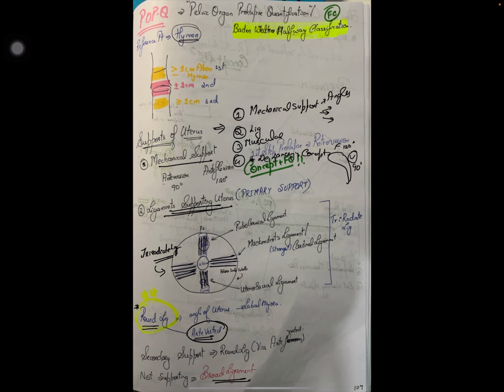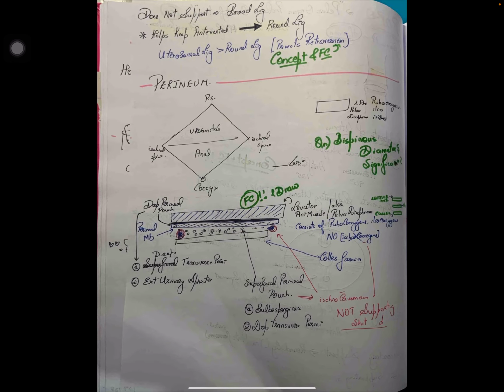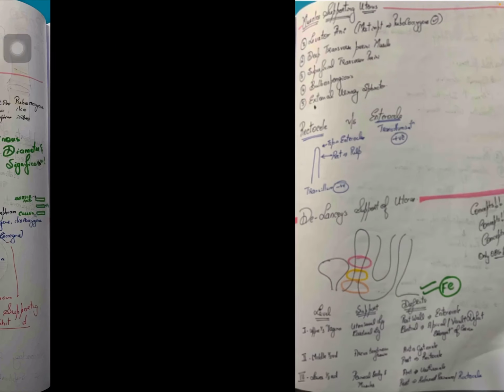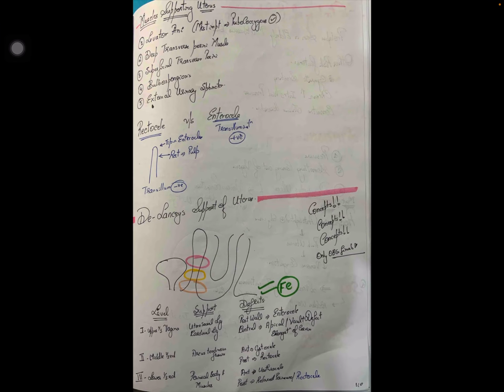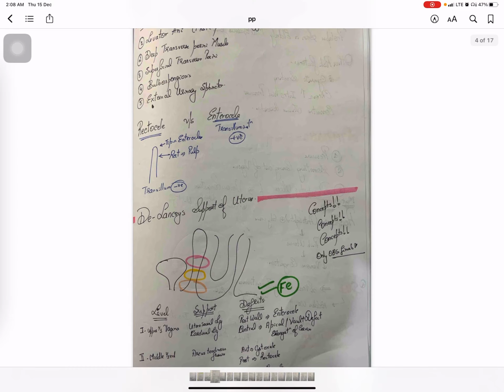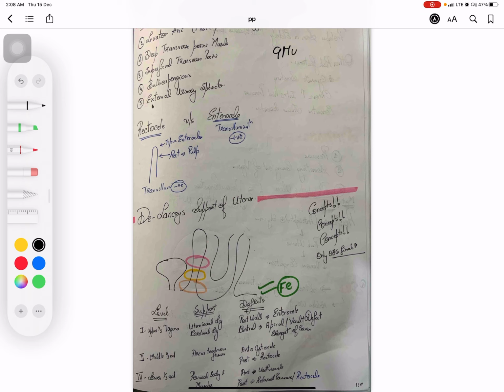So we finished mechanical support, ligamentous support, now the muscular support. The muscular support is provided by these muscles. So we have 9 muscles which form the perineal body, and we have 3 diaphragms.